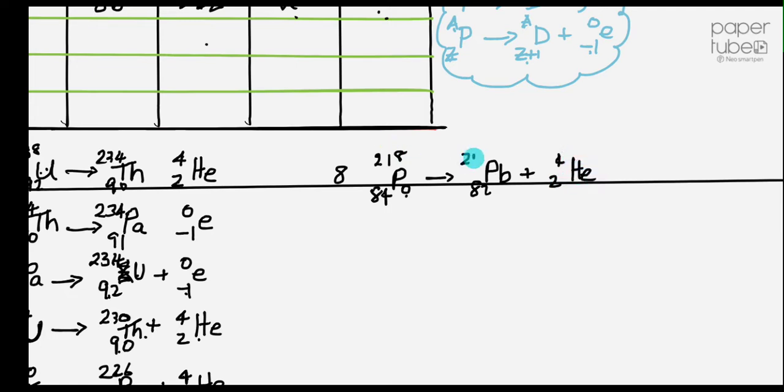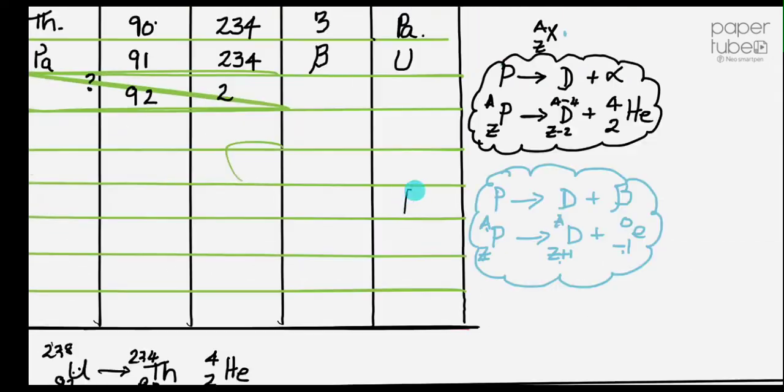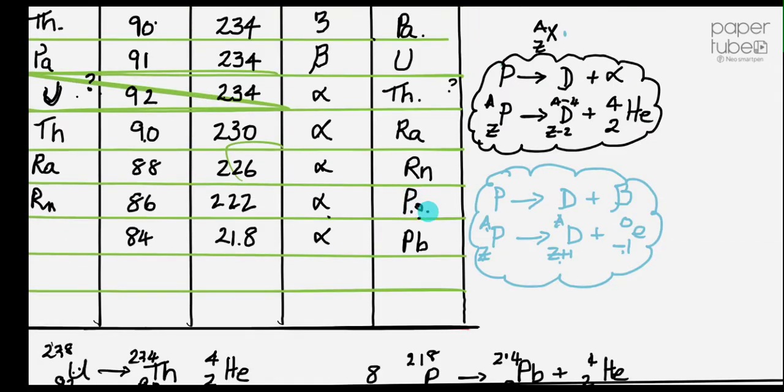So that must be 214. I'm doing question number 8. So polonium must be 84. Alpha, 218. Alpha goes to lead. So I've filled in my table.